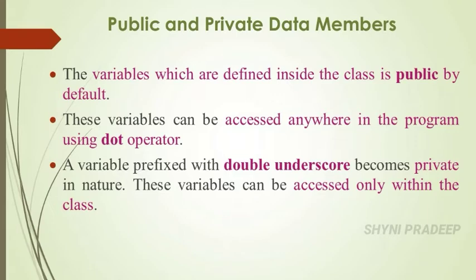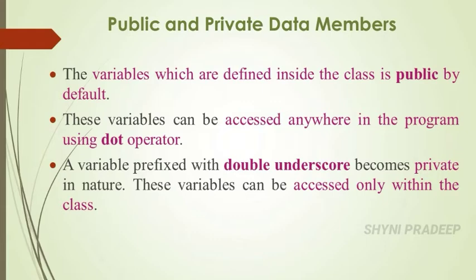So in Python, the variables which are defined inside the class are public by default. These variables can be accessed anywhere in the program using the dot operator. A variable prefixed with double underscore becomes private.